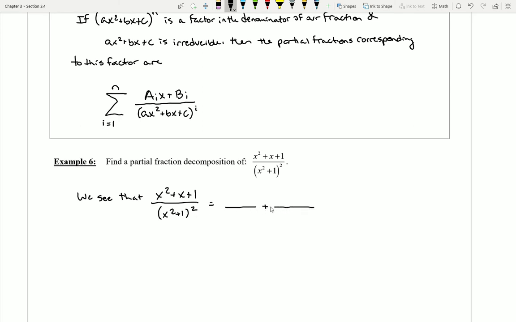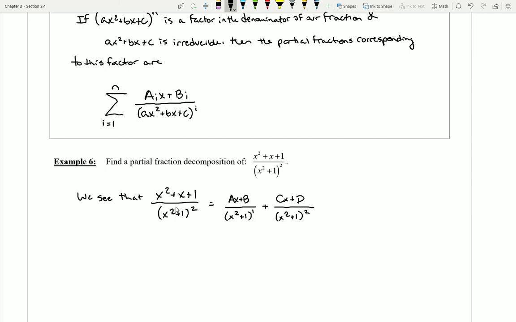If it was 5, I would have had 5 fractions. And each fraction has a denominator of x squared plus 1 raised to different powers, starting at power 1 and going up until I hit the power that was originally down there. In the numerator, I'm going to have linear structure. So like an ax plus b, maybe a cx plus d.